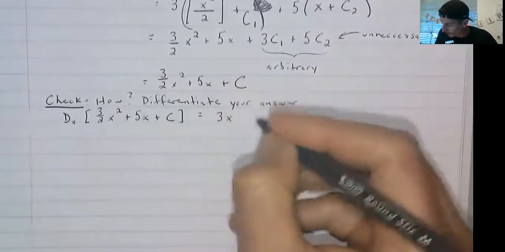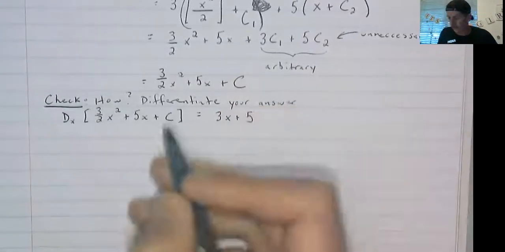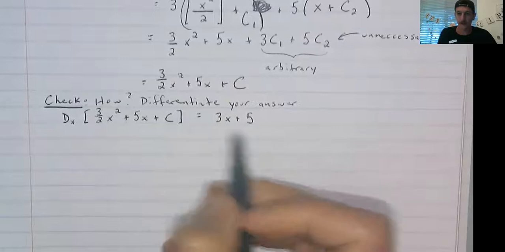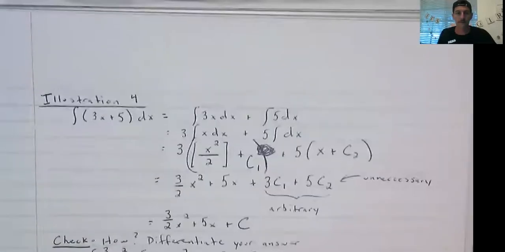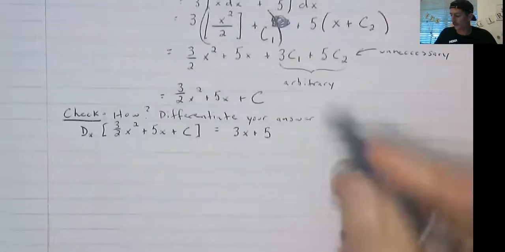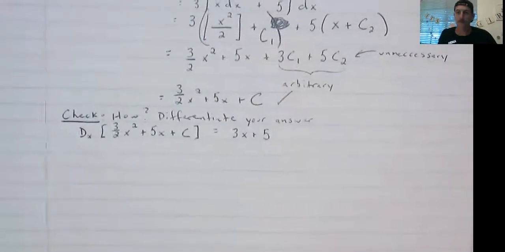The derivative of 5x is 5, and the derivative of c, remember, c is just some constant, 7 or 17,000, doesn't matter, is just 0. 3x plus 5, phew, we got what we started with. So we feel pretty good that this is our antiderivative.